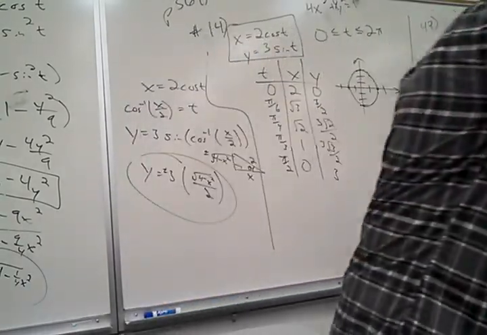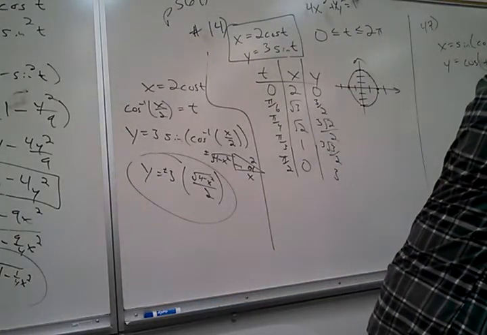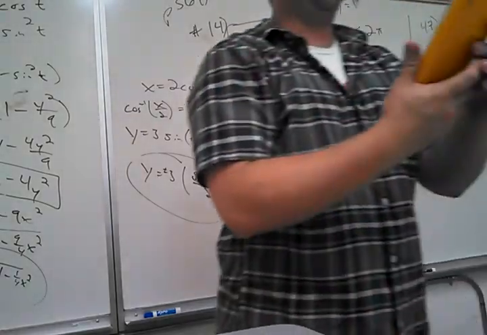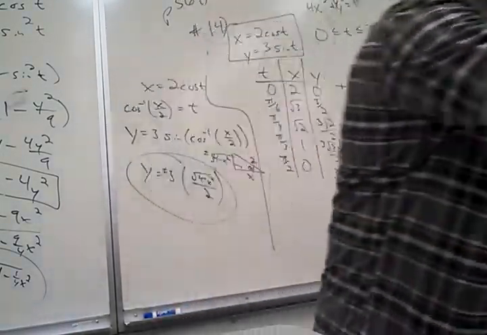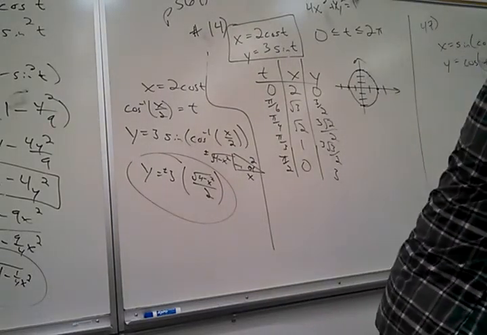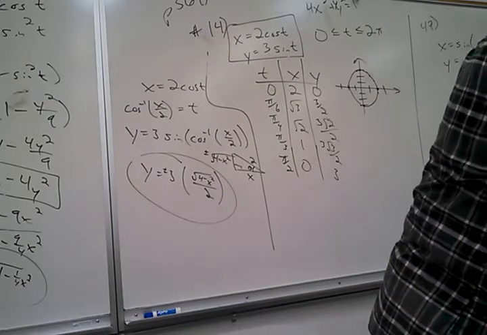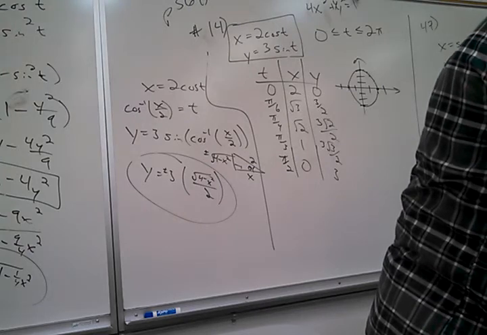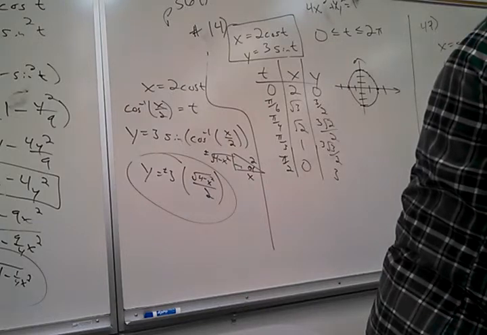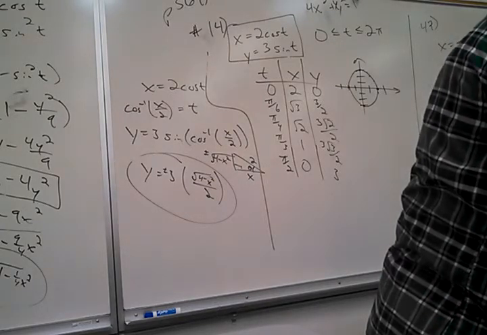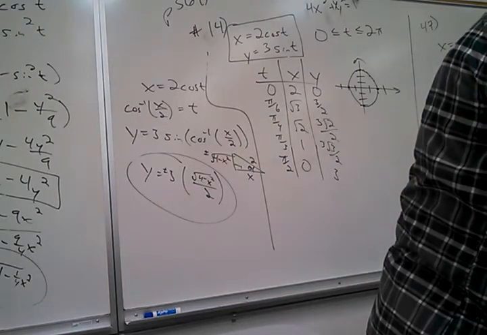Mine looks like that. Why is yours stopped there? Ours isn't. 0 to 2 pi. Oh, 0.05, yeah, that's right. Negative 2 to 2. Are you in agreement?